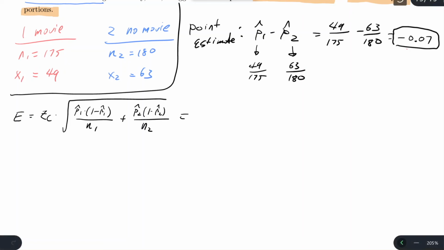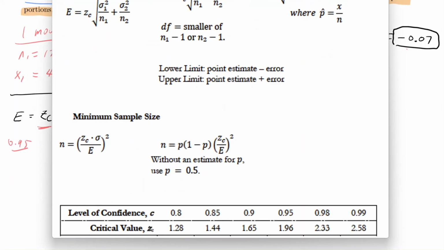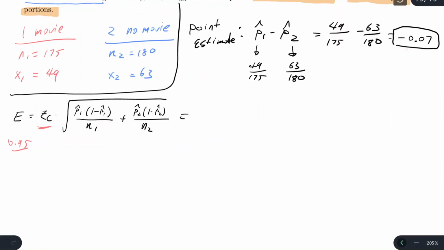So let's find the critical value. Well, we're doing 0.95, 95%. So from this table, 95% is 1.96. So this value is 1.96.